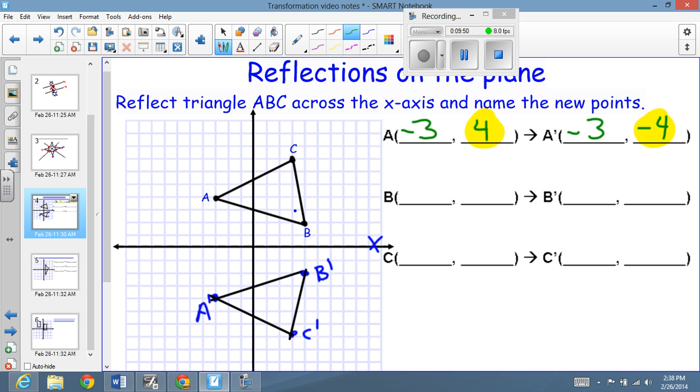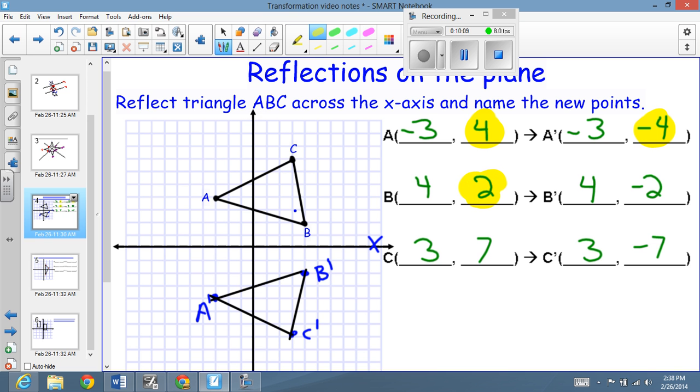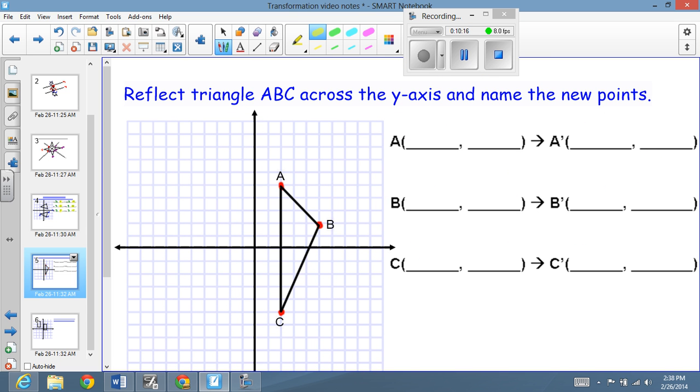My original B was the point (4, 2). That became (4, -2). My original C was (3, 7) that became (3, -7). So once again, if I'm going to flip over the x, my y's are all changing. You can probably guess that in this problem, when I flip over the y, it's going to be my x values that change sign. My y values should stay the same.